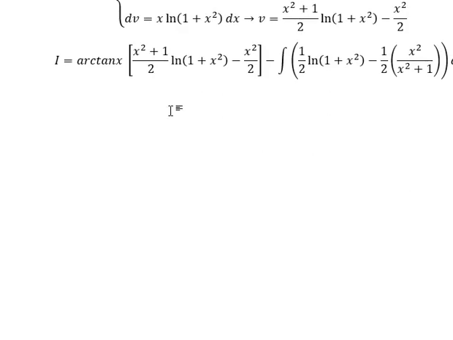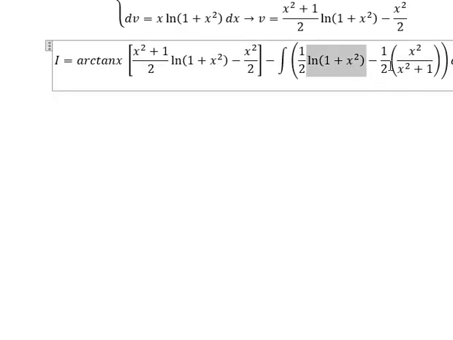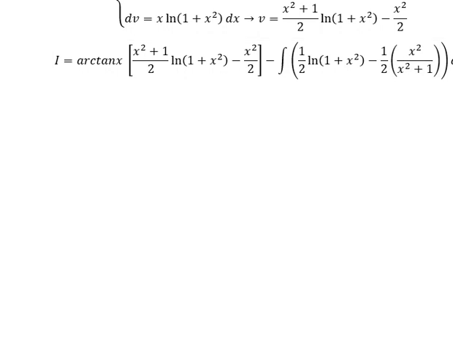So we need to focus on this one and this one. So we can use integration by parts.